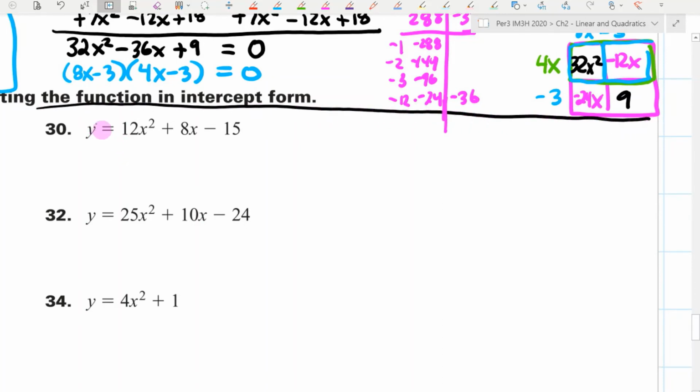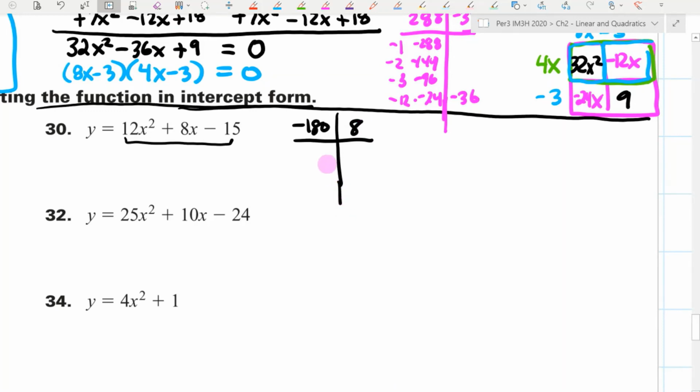For the next part, that's a y, but we're still going to factor and set those factors equal to 0 to write it in intercept form. So there's no number that goes into all of these together. So we multiplied 12 times negative 15. That gives you negative 180. The square root of 180 is 13.